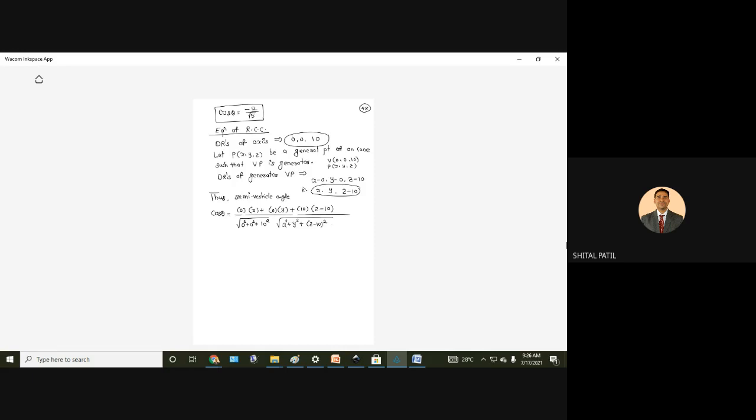Cos theta is known to us. As it is. Cross multiply and simplify, that's it.